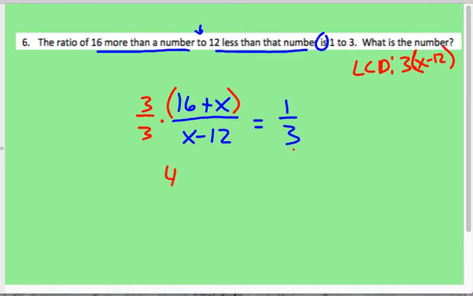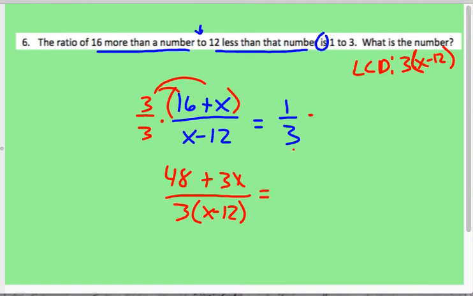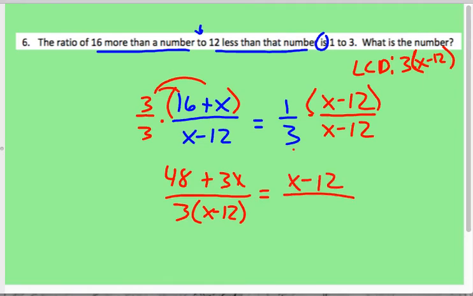Yes. 48, and then 3 times x is plus 3x, all over 3 times x minus 12. Equals, this time I have to multiply by x minus 12 over x minus 12. And I'm just multiplying 1 by x minus 12, so that becomes x minus 12 in the numerator, all over 3 times x minus 12.